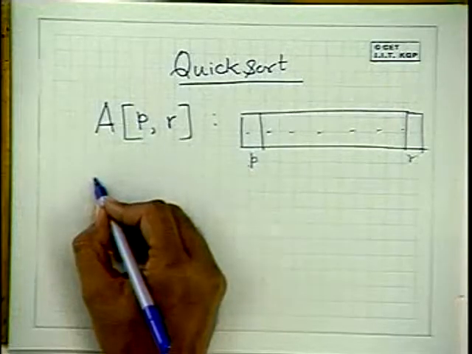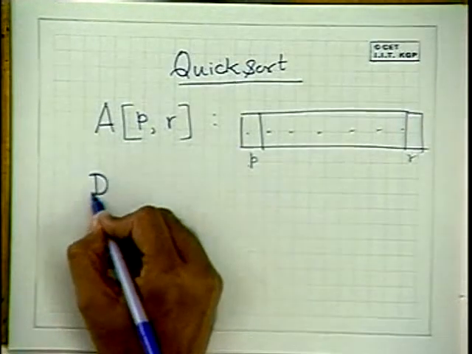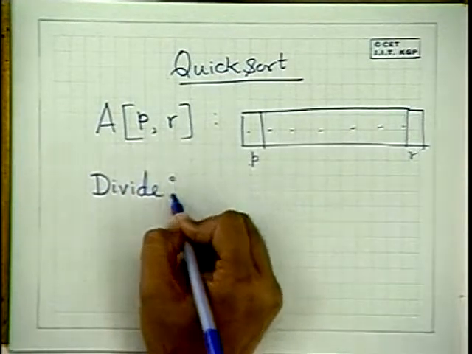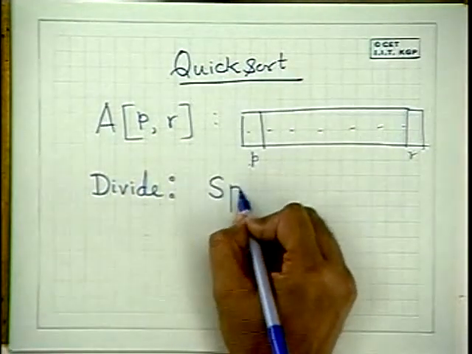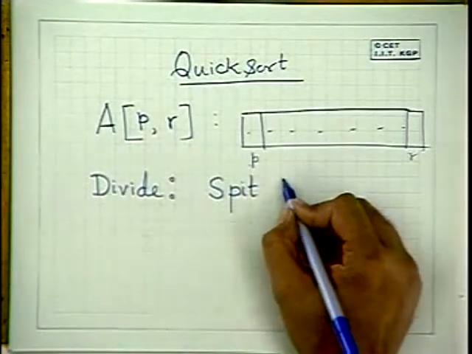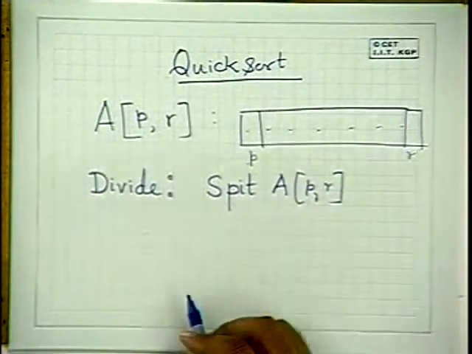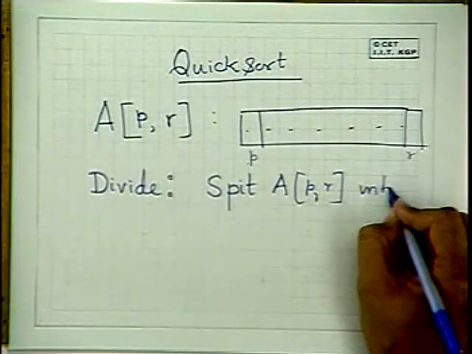Now what is the algorithm? The major algorithm, as I told you, has a divide step. What it will do is split the array between P and R into two.